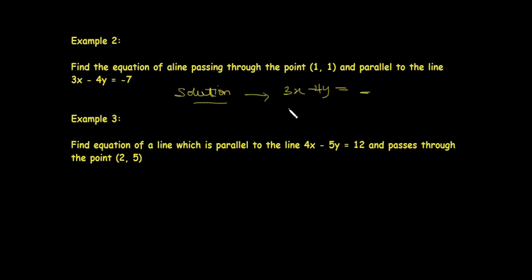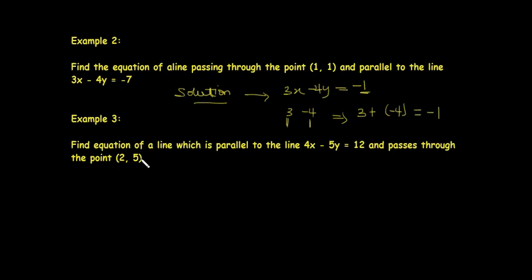So we put the coefficients 3, minus 4, then we have (1, 1). We multiply: 3 by 1 is 3, plus minus 4 by 1 is minus 4, and that's minus 1. So we know that our new equation is 3x minus 4y is equal to minus 1.